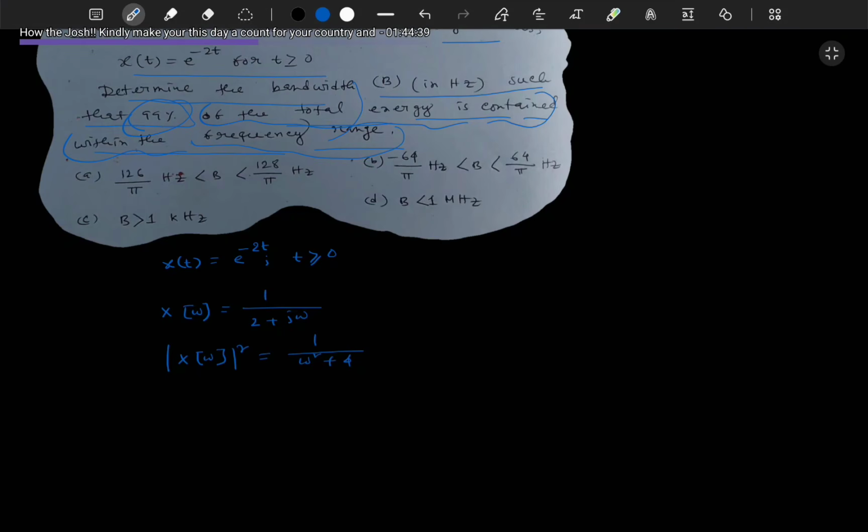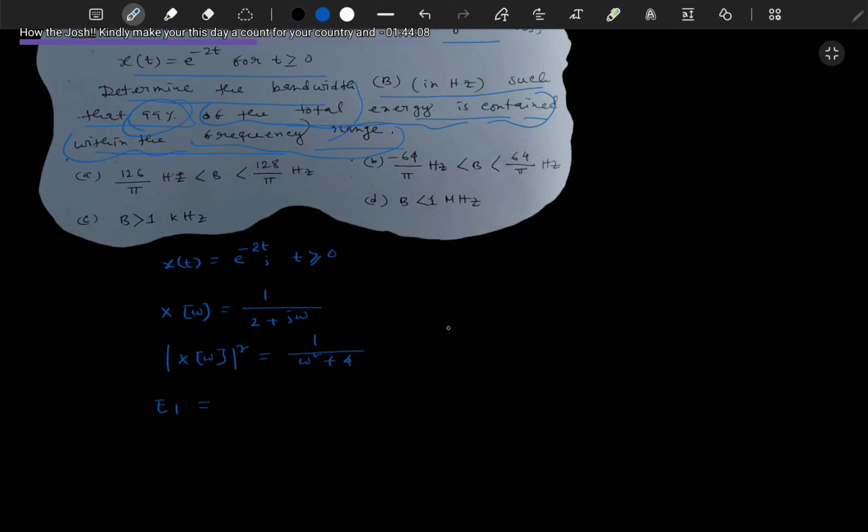Square plus 4, u(t) equal to... so energy is here.